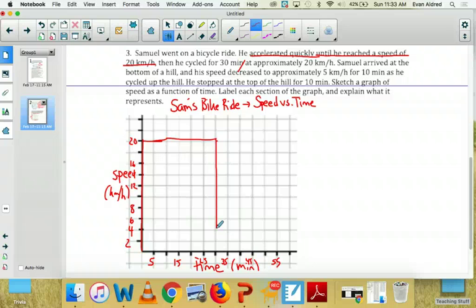Then he drives at approximately 5 kilometers an hour for 10 minutes. So he's just past 30 minutes now, so we'd be just past 40 minutes when we put our dot in. And then he's going to stop at the top of the hill for 10 minutes.